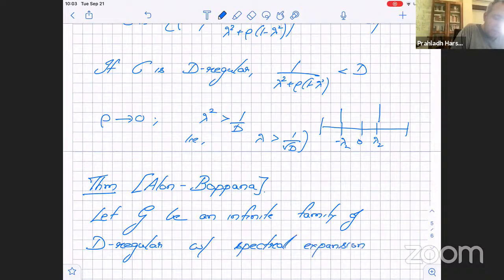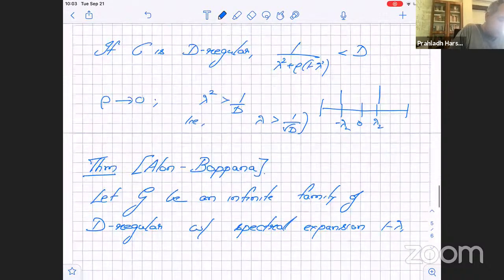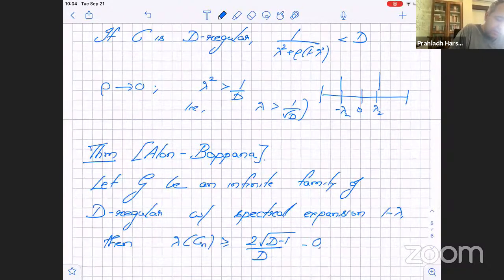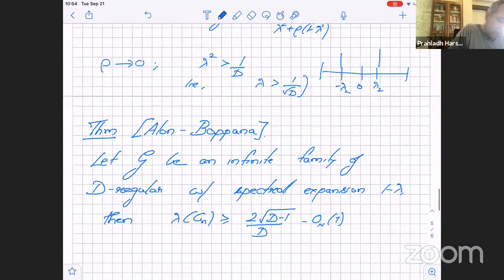They all have spectral expansion 1 minus lambda. Then lambda of the nth graph in this family is greater than or equal to 2 by square root D minus 1 by D minus an order n term, where the order n term goes to 0 as n goes to infinity.